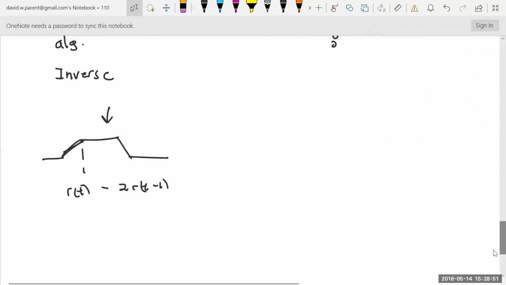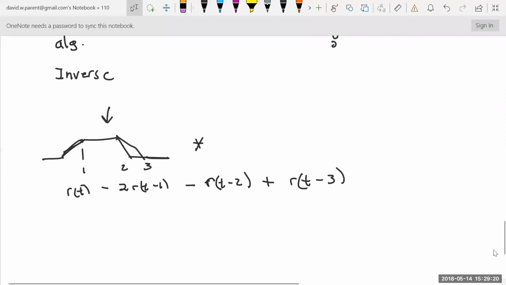Let's call that 1, 2. That flattens it out. Minus, we want one slope down, RT minus 2. Then we want to flatten it back up, RT minus 3. So we have 1, 2, 3 items, right?